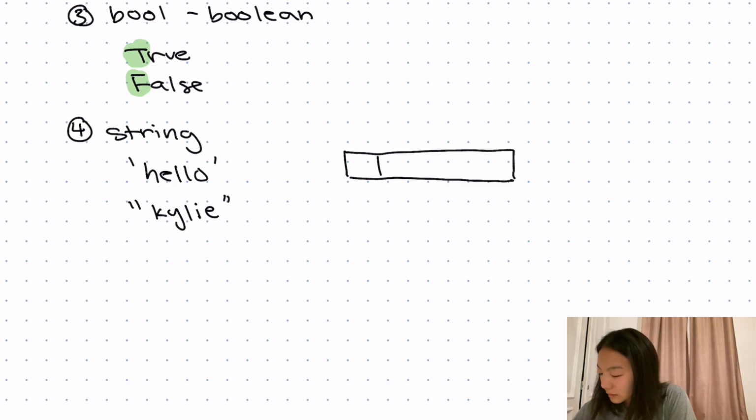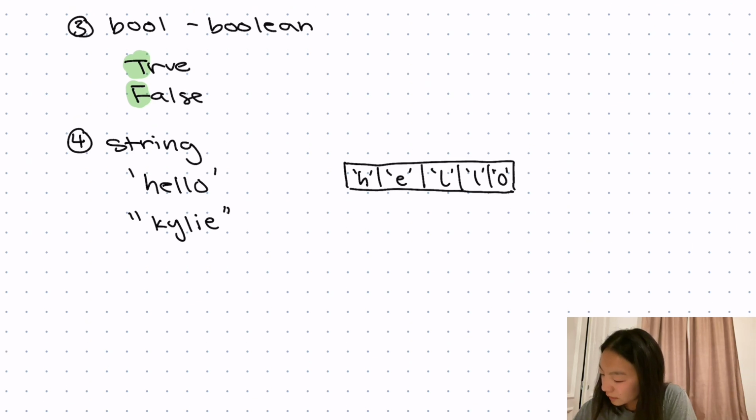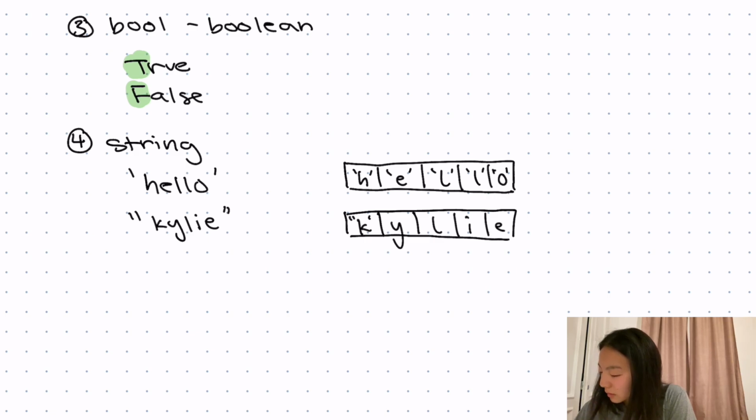The first thing that we have is an H, and then E, and then we have an L, another L, and then an O. And then for Kylie, we have the same thing, but instead we have a K, Y, L, I, and E. And let me put quotation marks around these so you guys know that these are characters. All right, so this is a visual representation in my head of what a string is. It's stitching literal characters together.